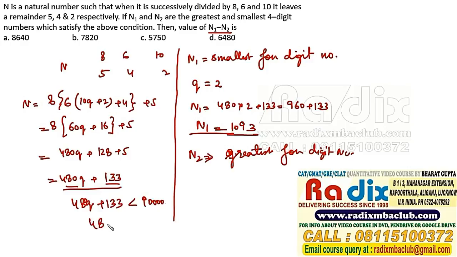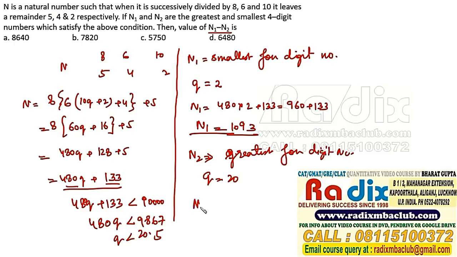So 480q should be less than 9867. Now if we divide 9867 by 480, we will get q should be less than 20.5. It means q would be 20.